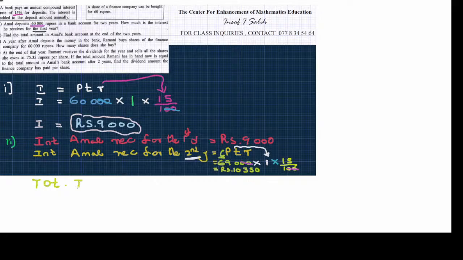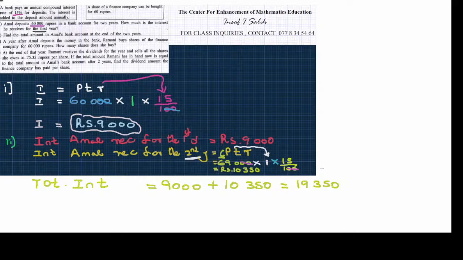Total interest he receives from the bank is 9,000 plus 10,350, which gives us 19,350. So that's the total interest.